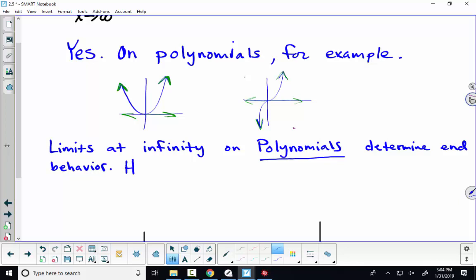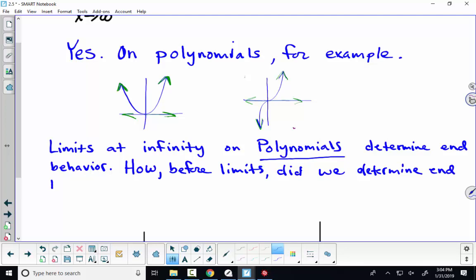And what I'm asking is how, before limits, did we determine end behavior on or with polynomial functions?